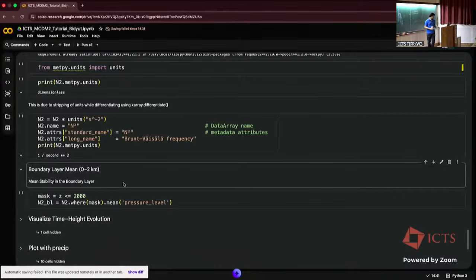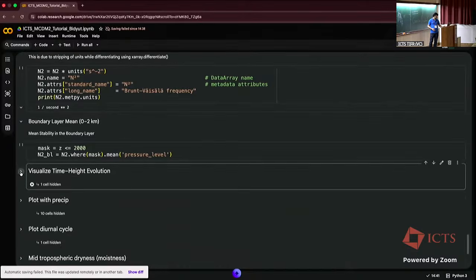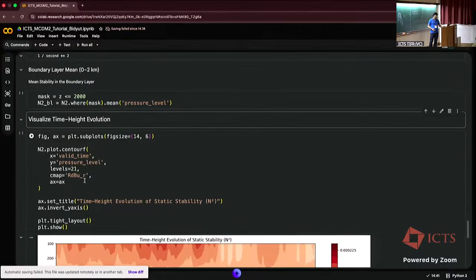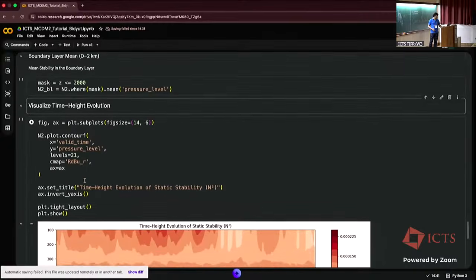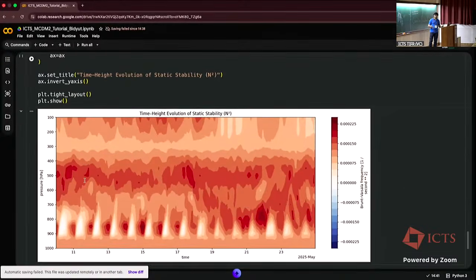So now I'm visualizing my Brunt-Vaisala frequency with pressure and time. And oh, I do not have my boundary layer yet, which is good. I thought I already had overlaid my boundary layer here.